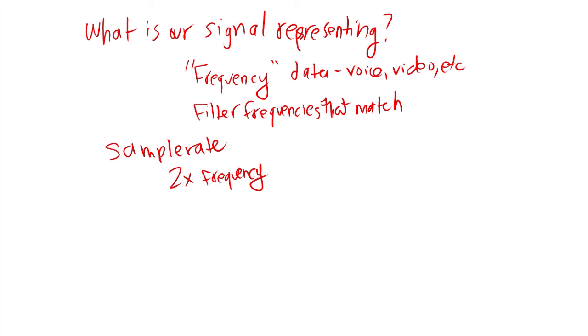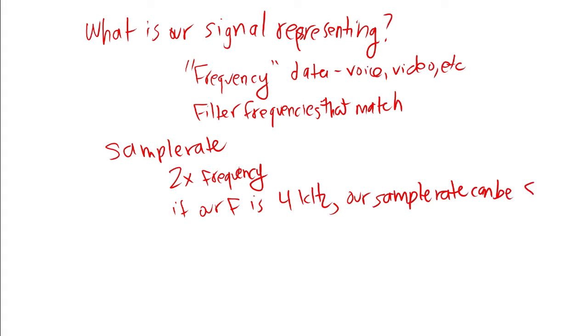So if our frequency is 4 kilohertz, then our sample rate can be 8 kilohertz. And this ensures that we don't miss any data.